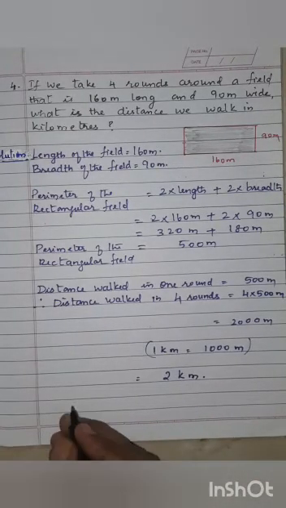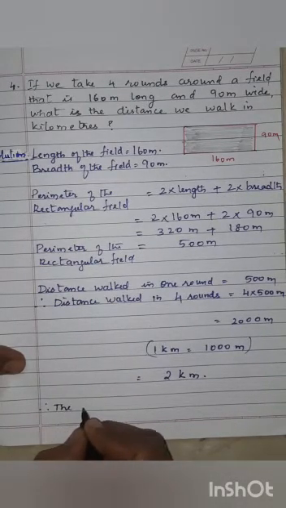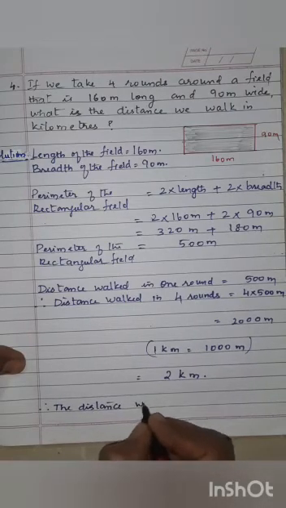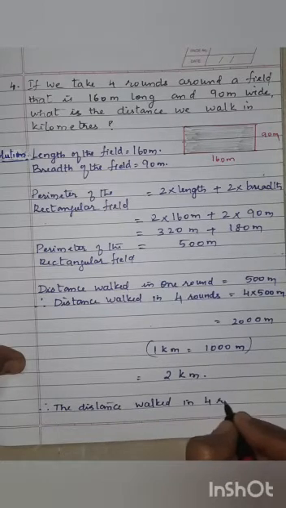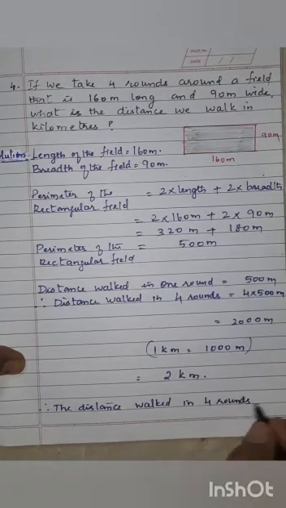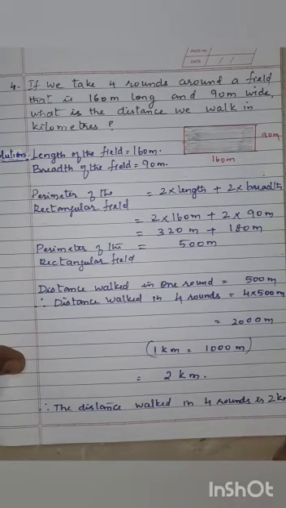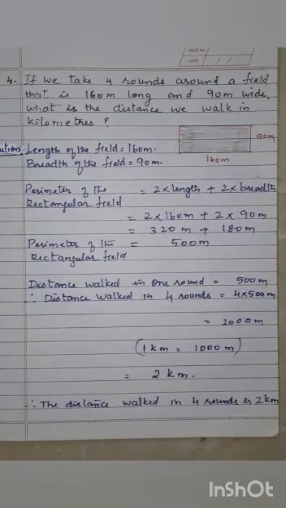Okay, so you can write that, therefore the distance walked in 4 rounds is 2 kilometers. Okay, so in this way you have to complete the sum.